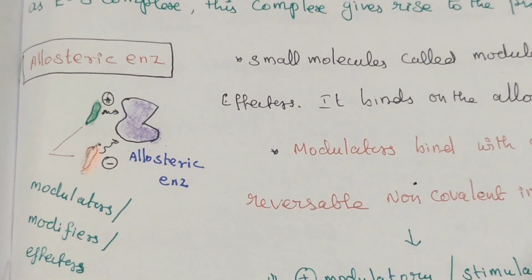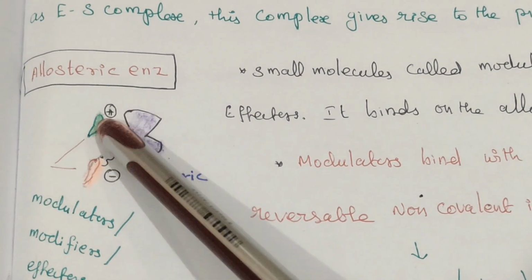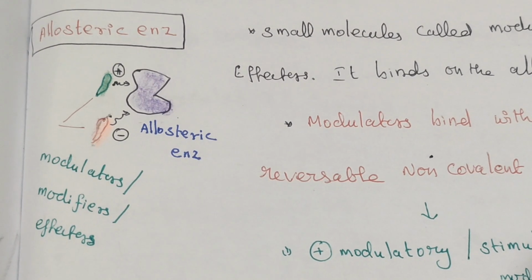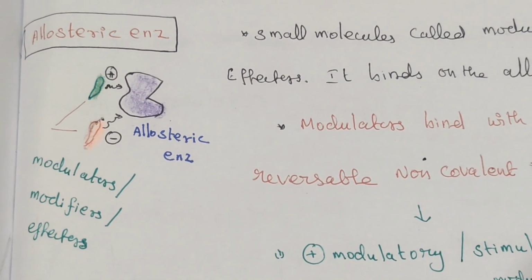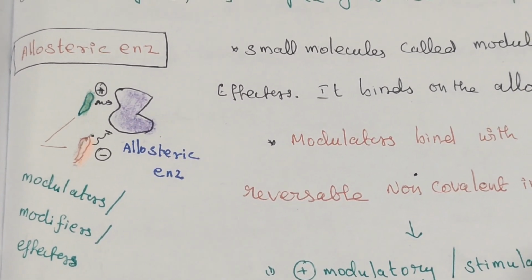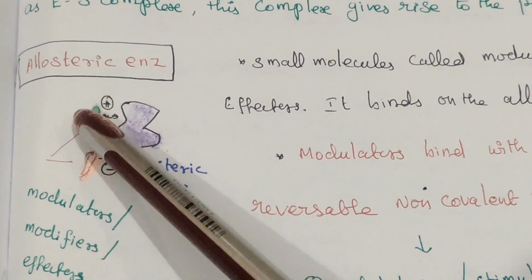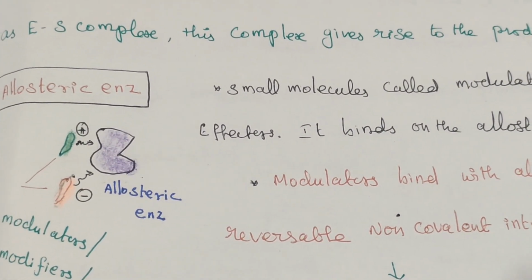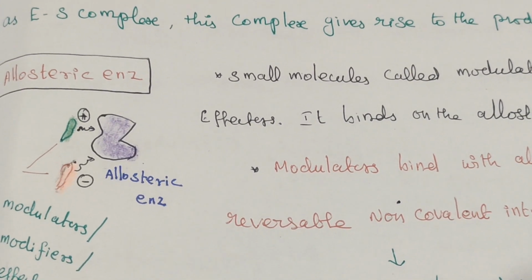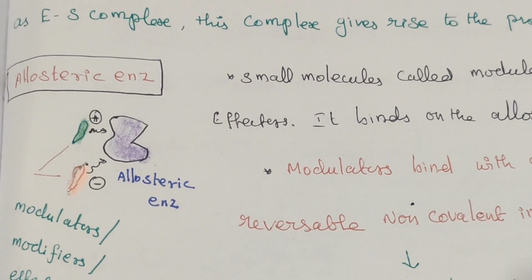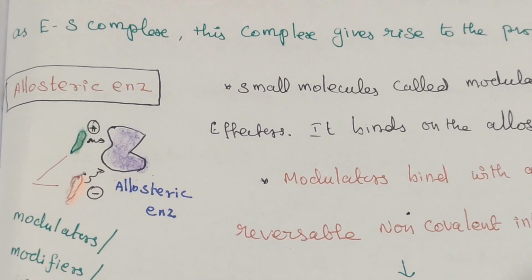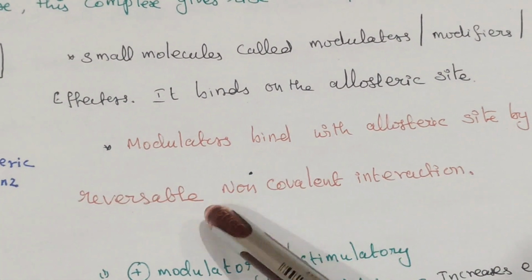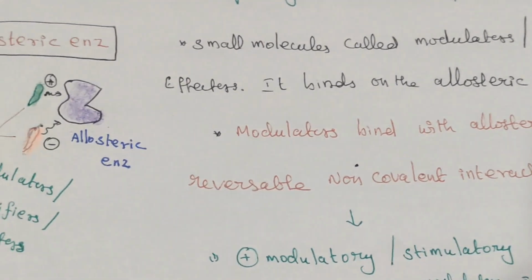These small molecules are called modulators, modifiers or effectors. They bind to the allosteric site by reversible non-covalent interaction.